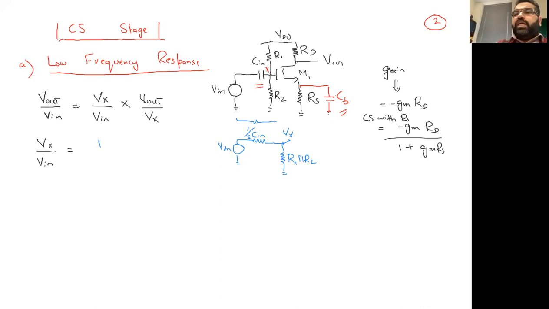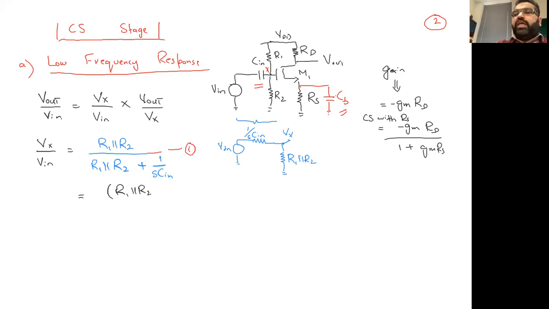Vx, parallel R1 R2 plus CSN. So R1 in parallel with R2.